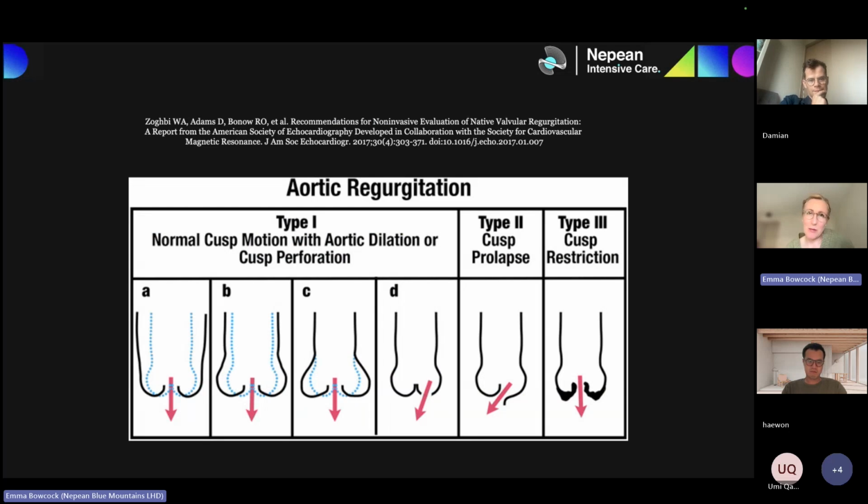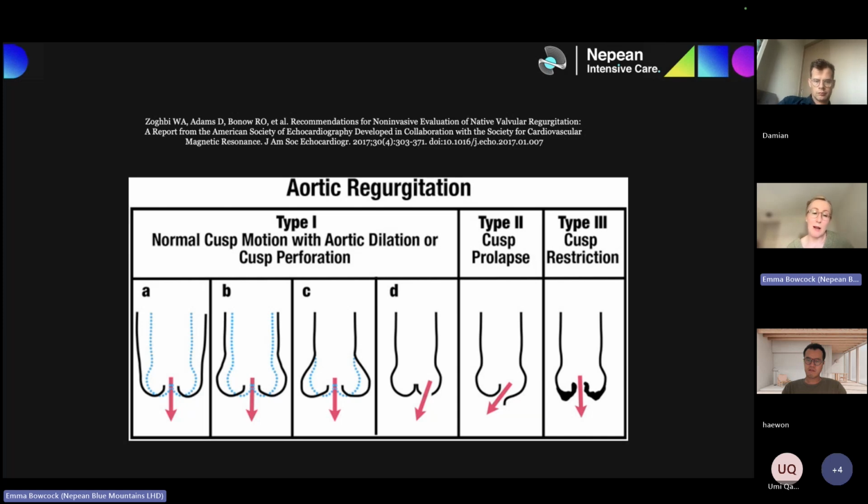So we talked about obviously the different etiologies that you can have causing AR, and the way that we tend to then divide that up in terms of the mechanism is this type 1 to type 3 sort of classification. And it sounds hard to remember initially, but then it's actually not too tricky once you get your head around it. So type 1, you've got normal cusps.